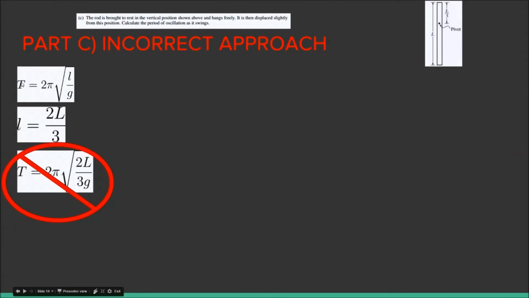And using this equation and using L as 2L over 3 for the L over g, we get the same answer, which is the correct answer, but no credit would be awarded for this answer on the AP exam, and they explicitly state that in the solution, because you cannot say that this rod is a simple pendulum because it's a uniform rod with a mass and a length.